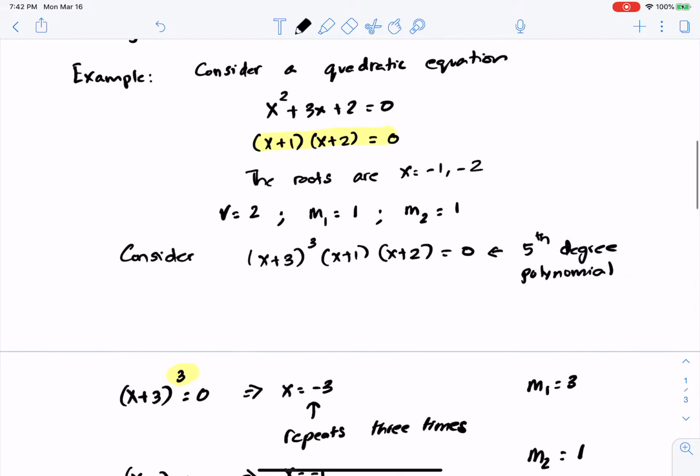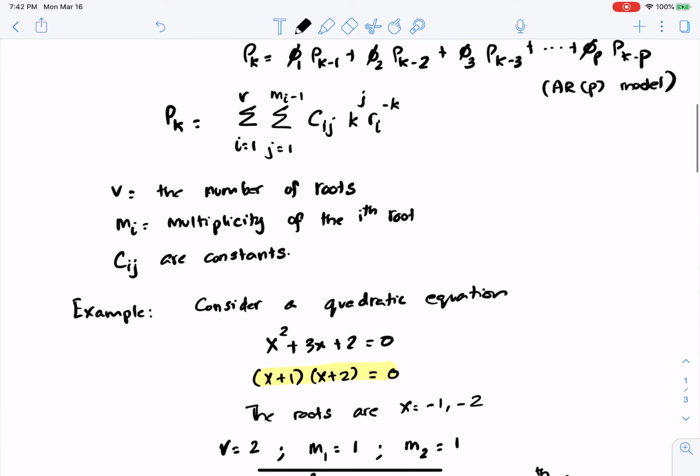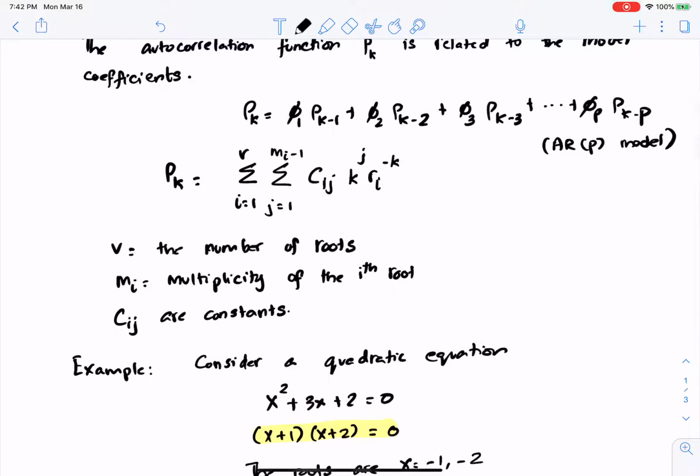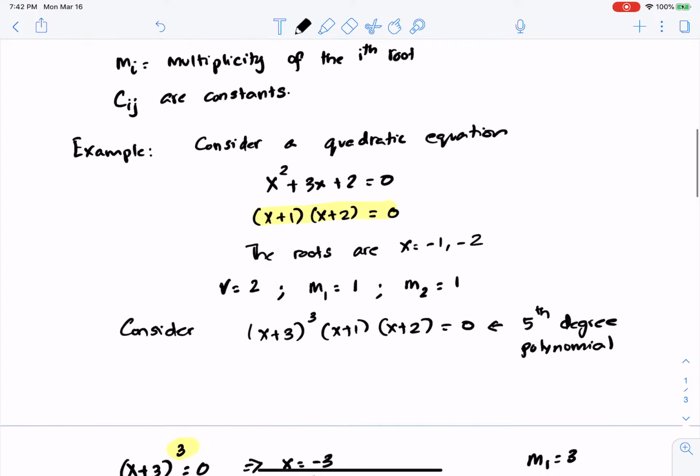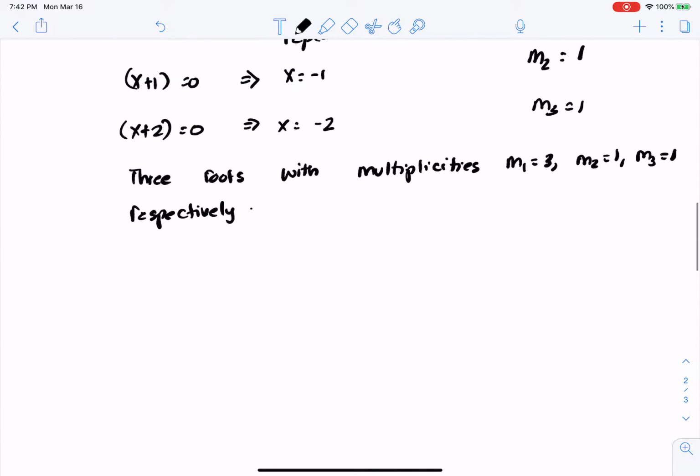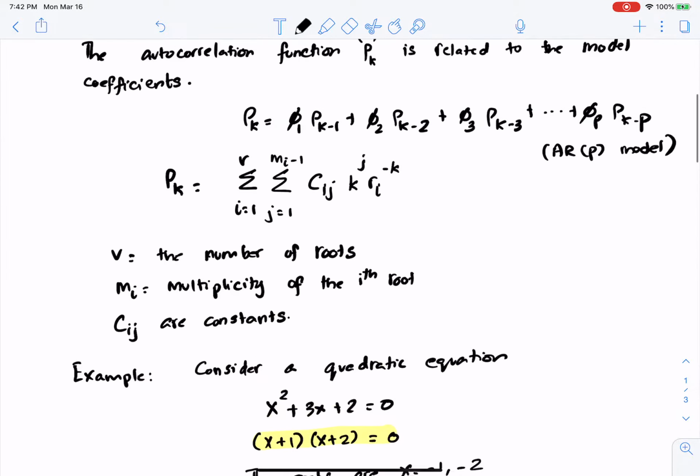If I go back to the notation that I'm using here, for our case with the autocorrelations, v would equal 3 because we have three roots, and m1 would equal 3, m2 would be 1, and m3 would also equal 1.